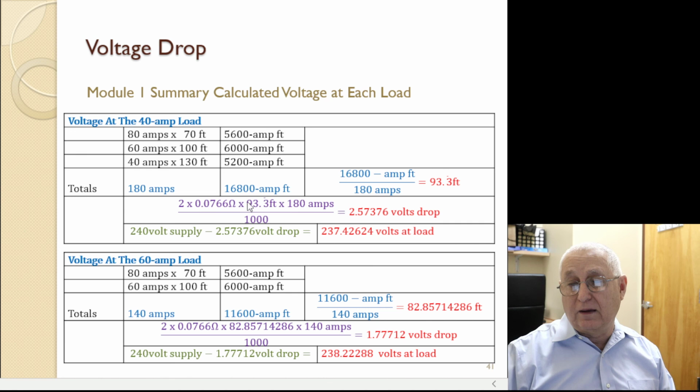Let's look at putting this information in our voltage drop formula.